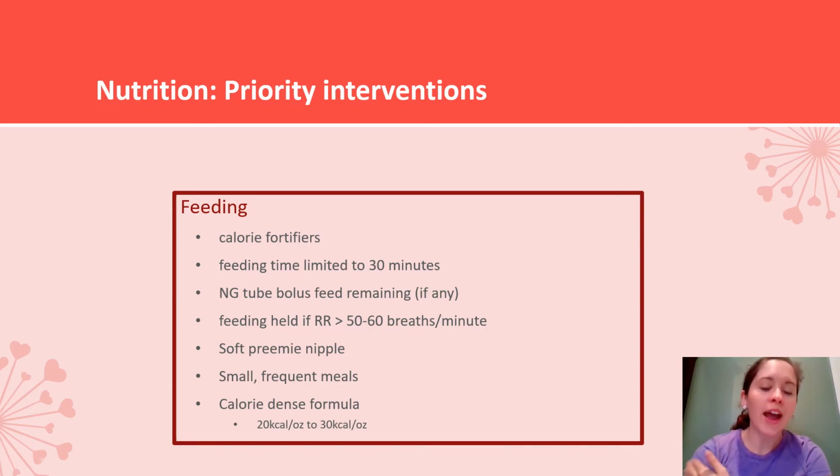So with that, when we're feeding them, we always try to feed them with a soft, premature baby nipple, because that nipple is easier to suckle and easier to get milk to flow, compared to the regular nipple that you usually get on a bottle. And we want them to use as little effort as possible, so they're using as little calories as possible.